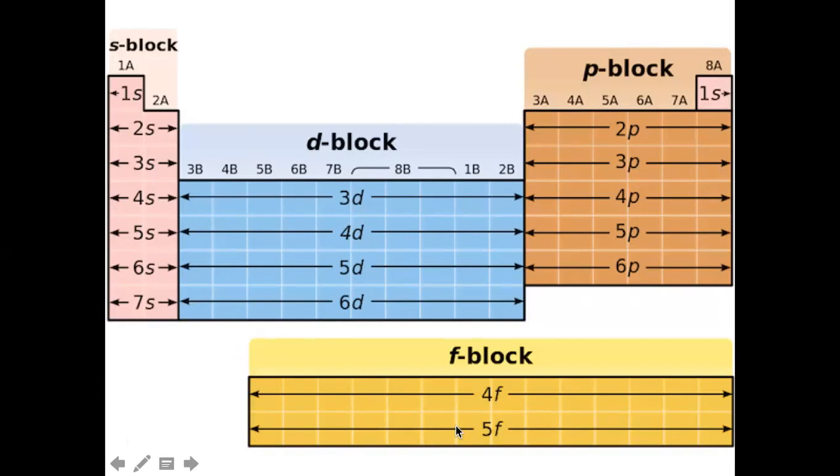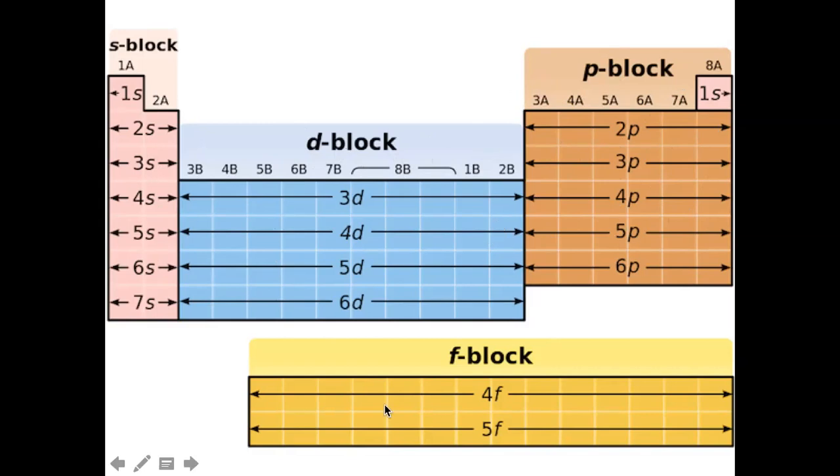Note also that the maximum electrons for S would be 2, right? So this one will end in S1, this one will end in S2. For the P, the maximum is 6, so we're going to have P1, P2, P3, P4, P5, and P6. Likewise for the D, we're going to end in D1, D2, D3, D4, D5, D6, D7, D8, D9, D10.